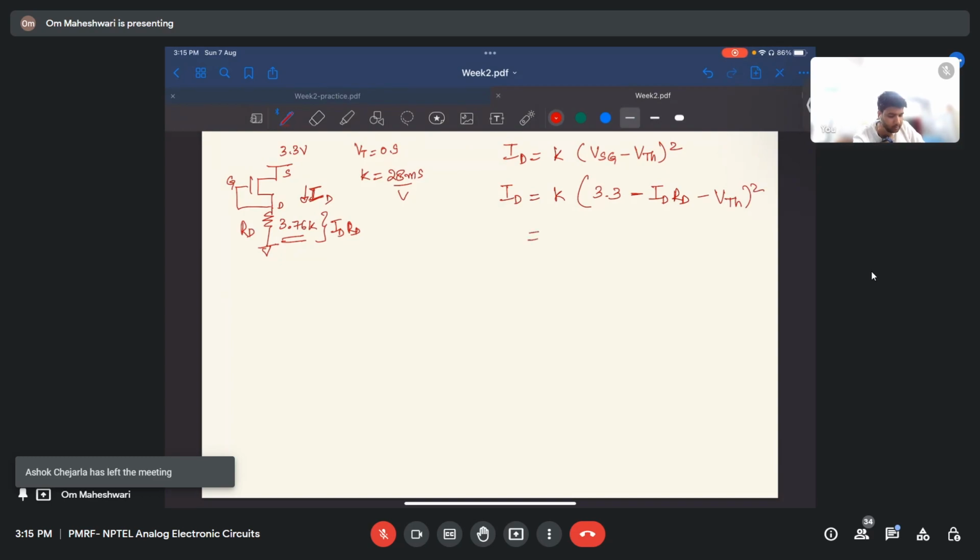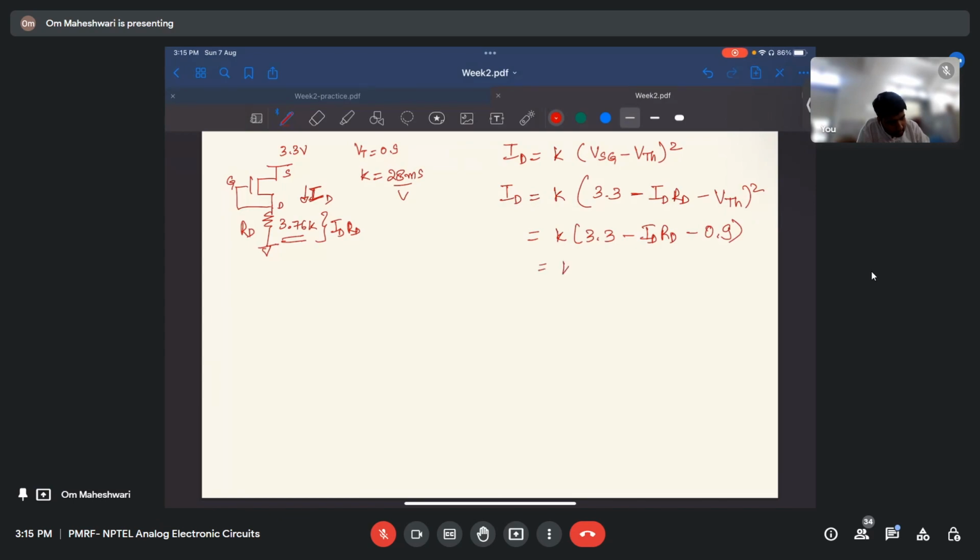So ID equals K times (3.3 minus ID RD, I'll put the value later, minus 0.9) whole square, which is K times (2.4 minus ID RD) square.